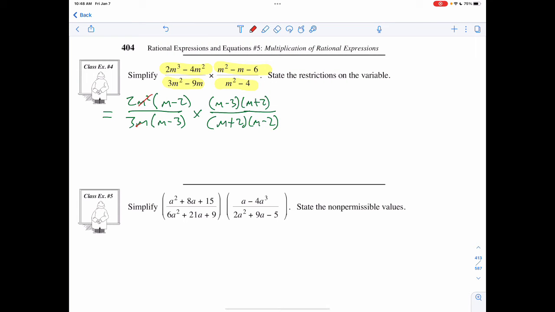So I take away an m from the top and the bottom, and I'm left with just one m. I take away m minus 2 from the top and the bottom, m minus 3 from the top and the bottom, and m plus 2 from the top and the bottom. And this simplifies down all the way to 2m over 3.